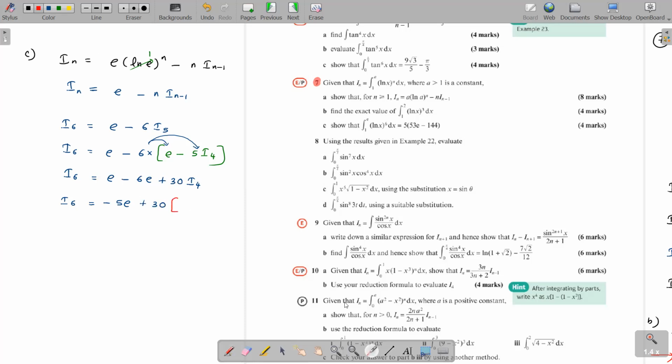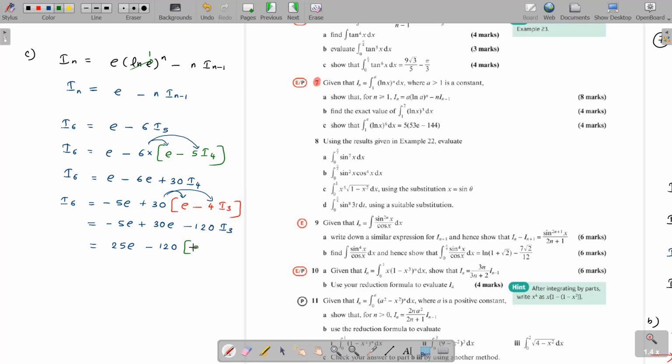Replace I4. Who is I4? I4 equals e minus, replace n with 4, 4 I3. So open the bracket up. Minus 5e, 30 into e is plus 30e, 30 into minus 4 is minus 120 I3. So minus 5e plus 30e is 25e minus 120 I3. Replace I3 again.